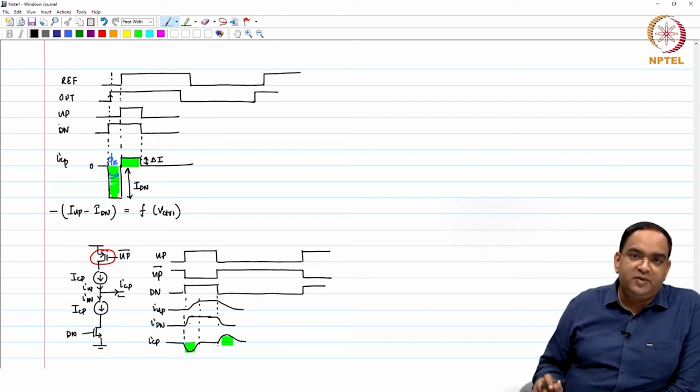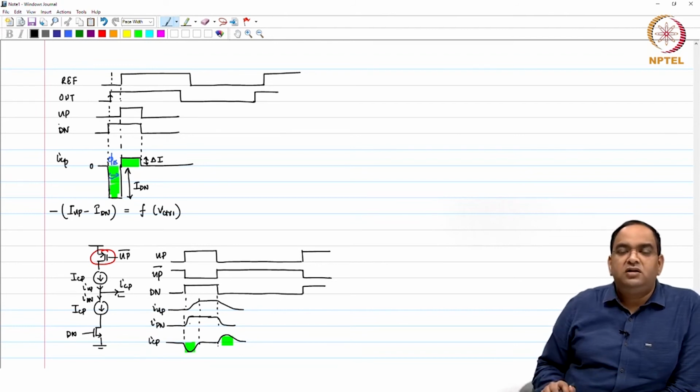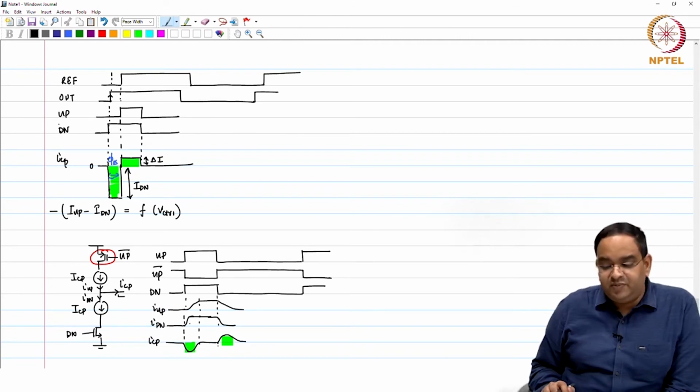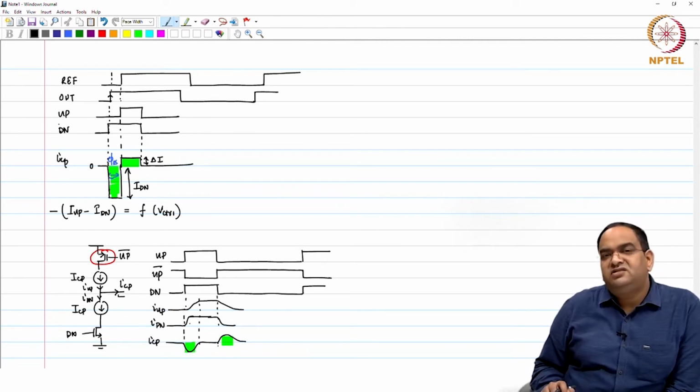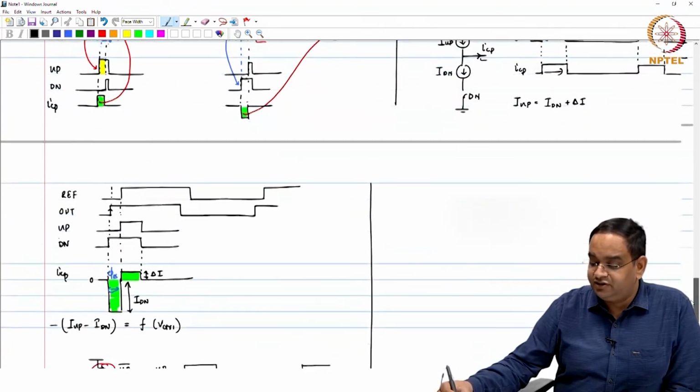They add ripple on the control voltage, thereby adding the reference spur. They also alter the linear gain of the PFD plus charge pump. If these are within limits, you can still approximate the gain of the charge pump plus loop filter as linear, but in any case they are going to add spurs at the output. This is one of the nonlinearities which is associated.